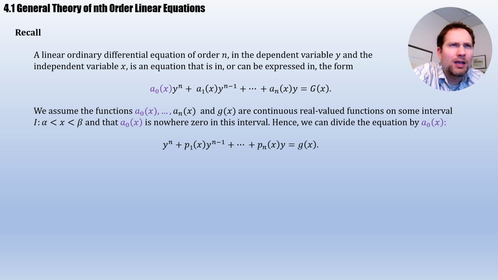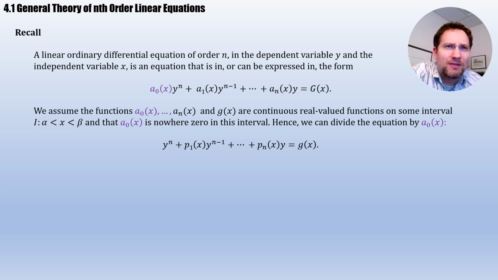I apologize for the notation. That y to the n is not y to the n, of course. That's the nth derivative. I should have parentheses around it or something. So we can divide through by that, and we're going to rename those functions just so there's no confusion. We've got p1 through pn as the coefficients on the corresponding terms of that order.